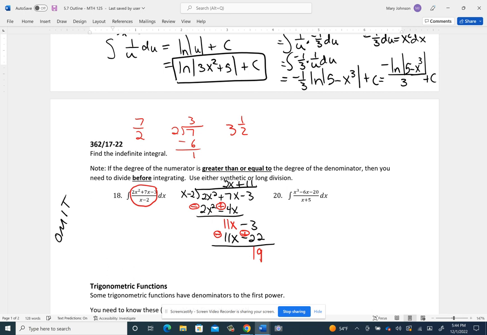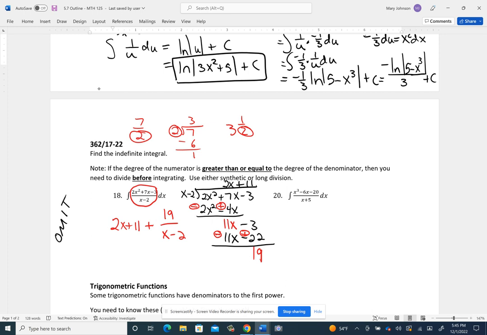That's kind of the process that we're doing if you want to try to make a little sense of it. So this would wind up being 2x plus 11 plus 19 over the remainder. The remainder gets put over what you were dividing by, just like here, right?